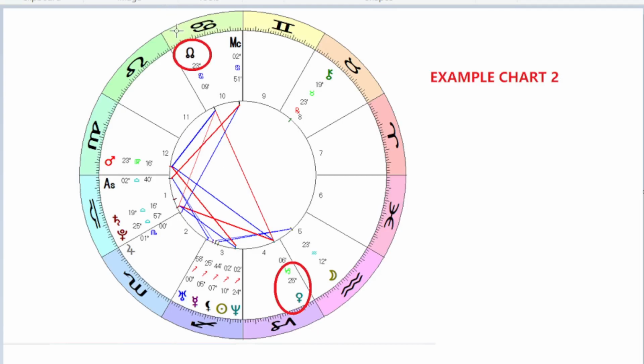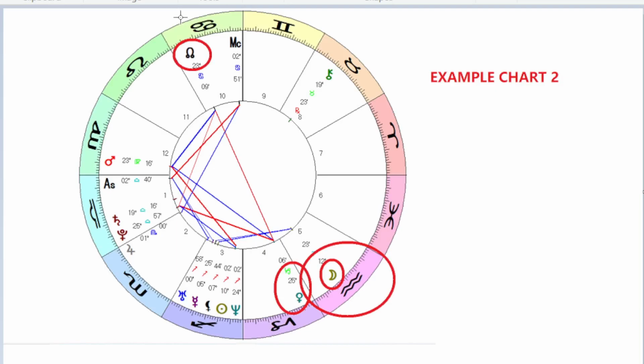But the ruler of their North Node is the Moon, and it's in the 5th house in Aquarius. So some ways that this could manifest is this person is desiring to become a mother, and they're also desiring to gain freedom because Aquarius symbolizes freedom.